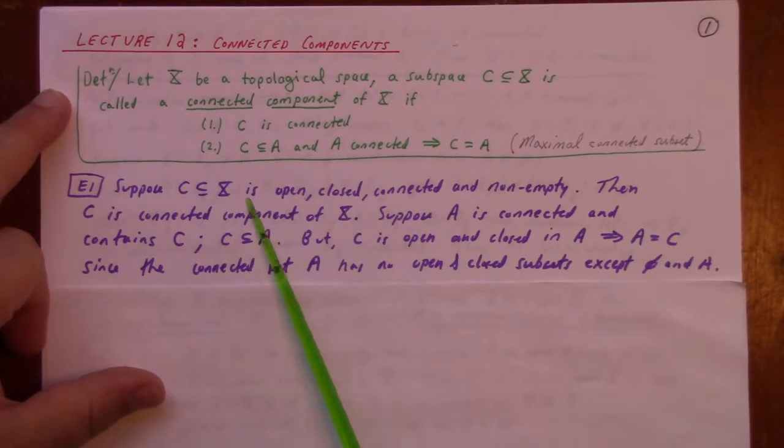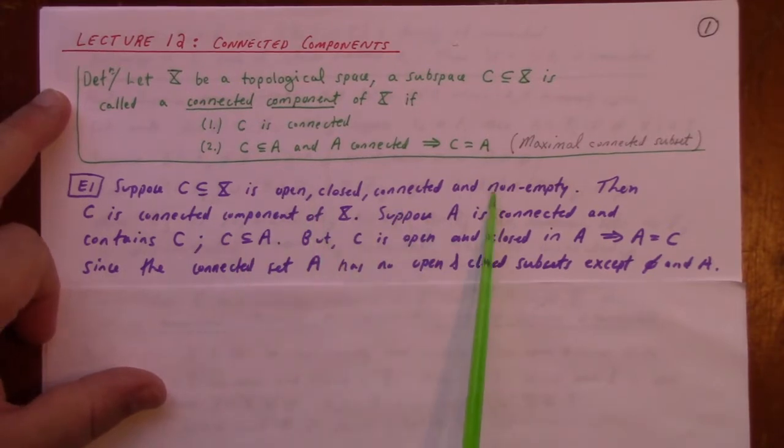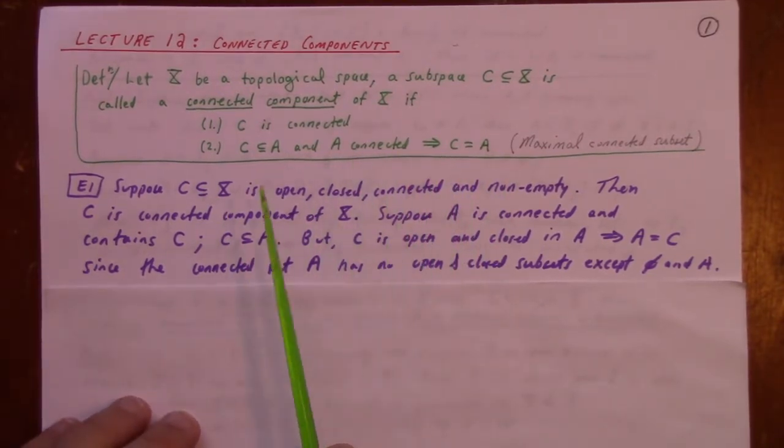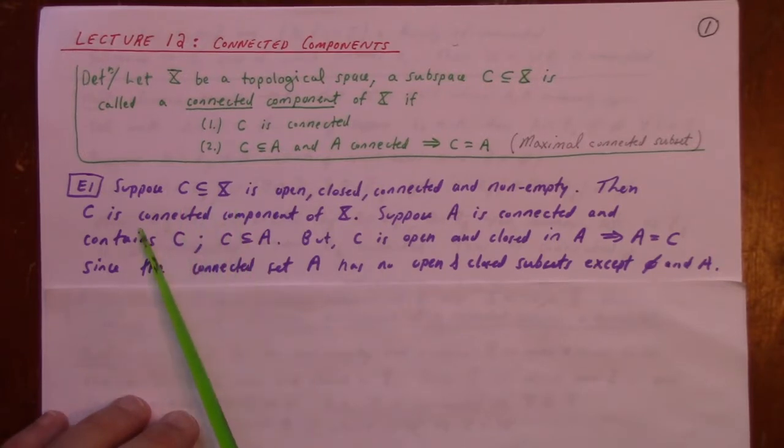Suppose C is an open and closed, connected, and non-empty subset of the topological space X. Then C is a connected component of X. To see that, suppose A is connected and it contains C. But C is open and it's closed, which means that A equals C, since the connected set A has no open and closed subsets except for itself and the empty set.